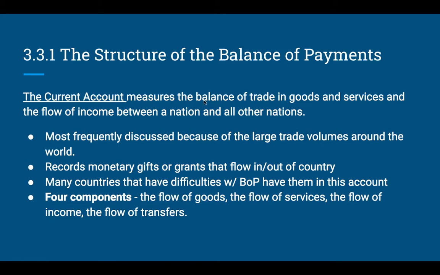It basically measures the balance of trade in goods and services and the flow of income between a nation and all other nations. A lot of this is going to sound convoluted. If you watch a Welker video on this, which I will link, and also there's a link in this presentation, he essentially says the same thing. I think he even may say the word convoluted, and it's the best way to describe it, right?